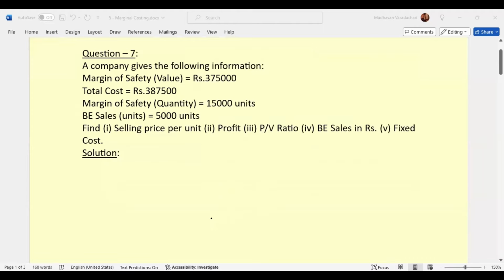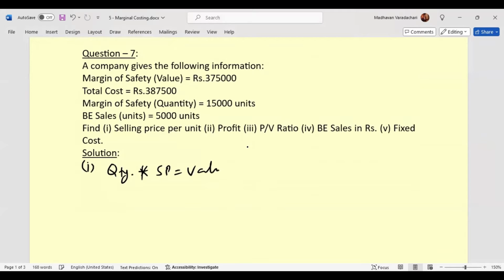So to start with, margin of safety in terms of value is given. We know quantity multiplied by selling price will give us the value. So here, margin of safety in terms of quantity is known, multiplied by selling price, is the margin of safety in terms of value.